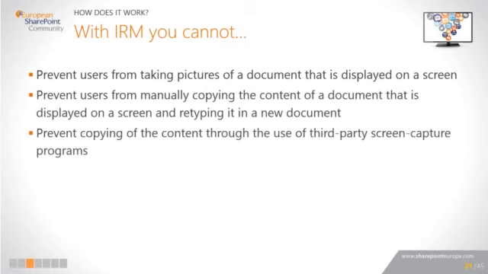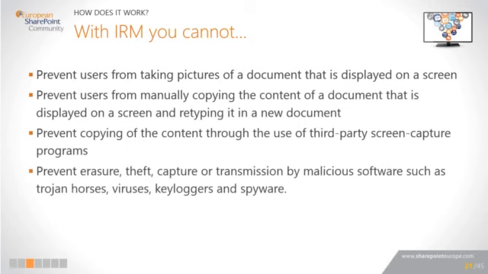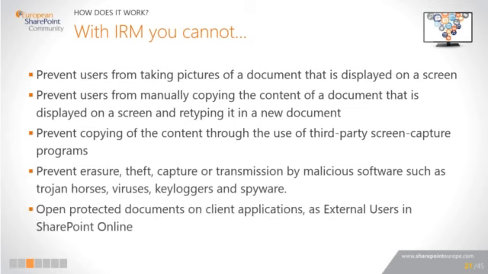You cannot prevent screen capture through the use of third-party software, or a document from being deleted or manipulated by a virus or other malicious software. Also, a limitation that currently exists is that external users, which are authenticated via Live ID on SharePoint Online, cannot open IRM-protected documents in client applications. However, they can access them in Office Online.